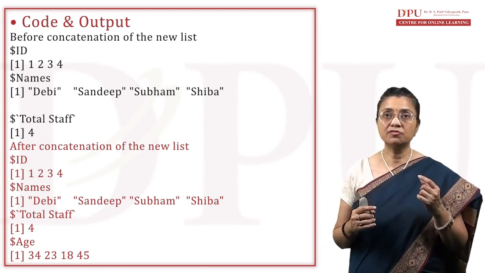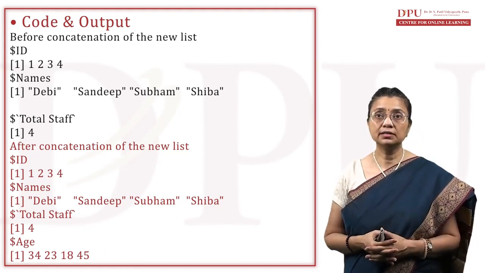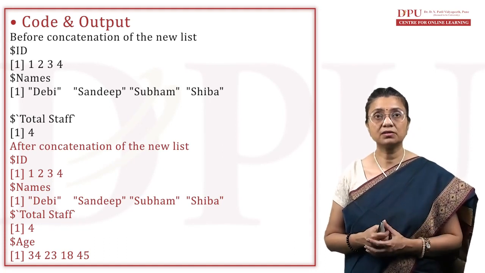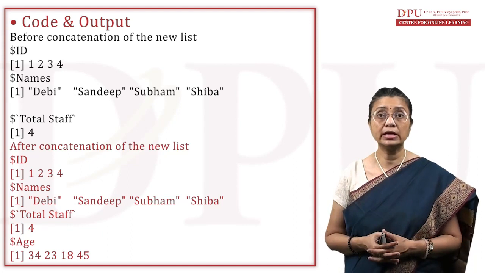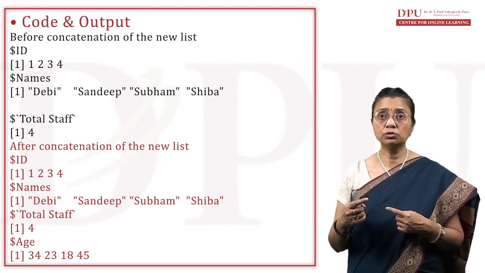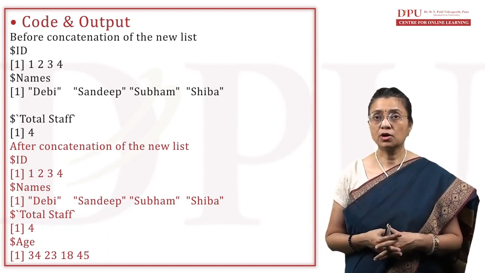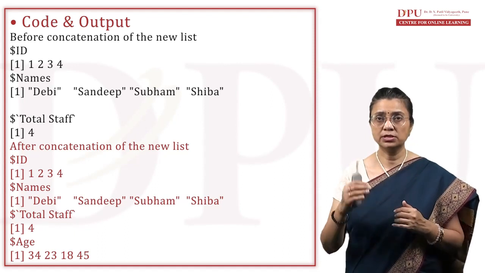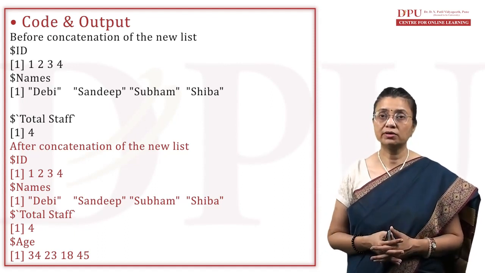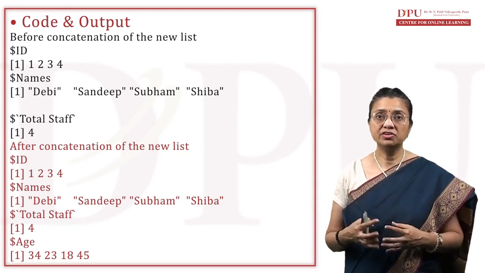So the total staff is the variable which is not the list type. Now, after concatenating, the new list is having what? It is having one more vector which is added, and that is employee age. So you can see the new output now. After the total staff, you can see there is a variable age. So the first variable was ID, the second was names, whatever name we have given, and then the total staff, and then in the end we can say age.